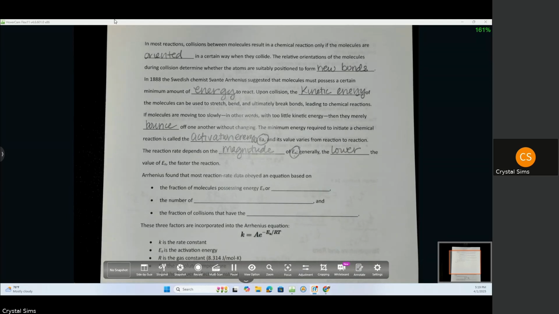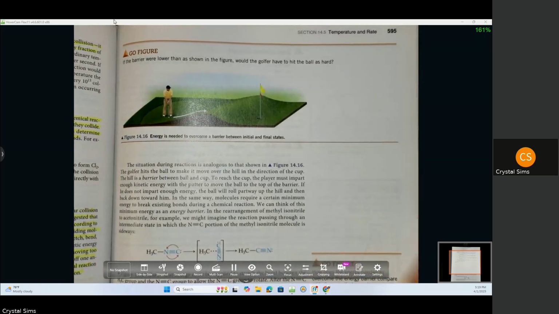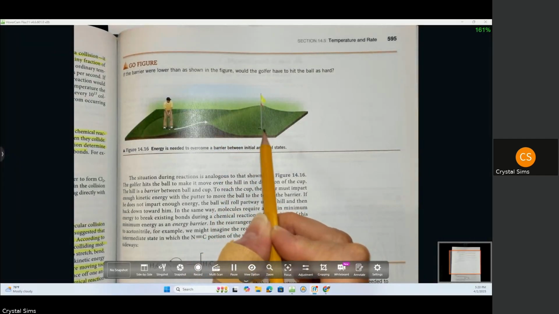We can think of activation energy as like a hill that we have to climb in order for a reaction to occur. And your book gives the example of a golfer trying to put the golf ball into the hole, and the ball has to get over the hill to make it in.